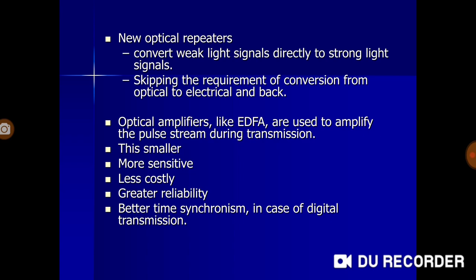And for digital transmission, the time synchronism is better, because once the signal is subjected to a block, there are phase delays. Those phase delays are eliminated because it is amplified as it is traveling along the fiber, so the time synchronization is also better. So these are the advantages of the optical amplifiers over optical repeaters.